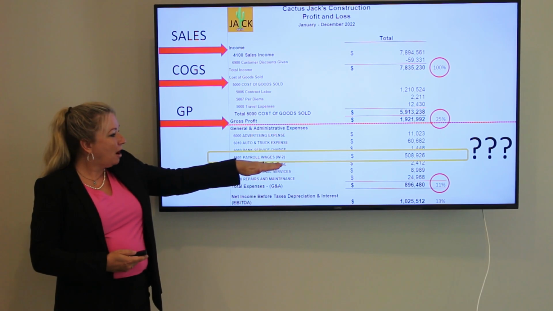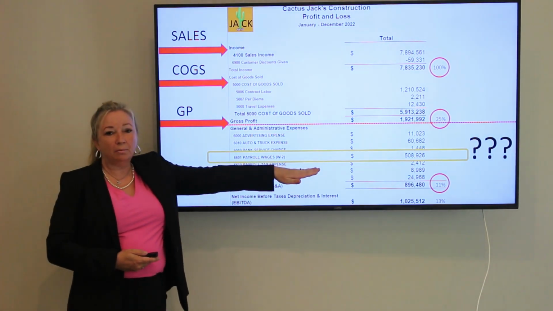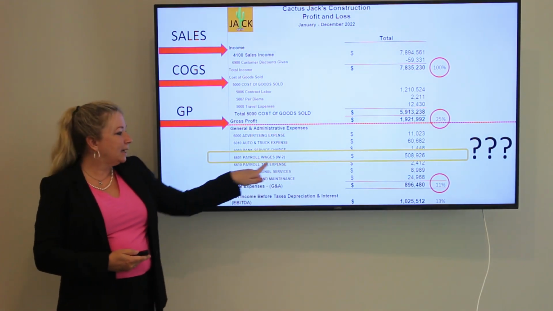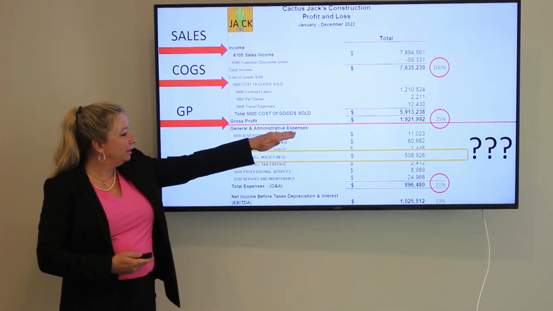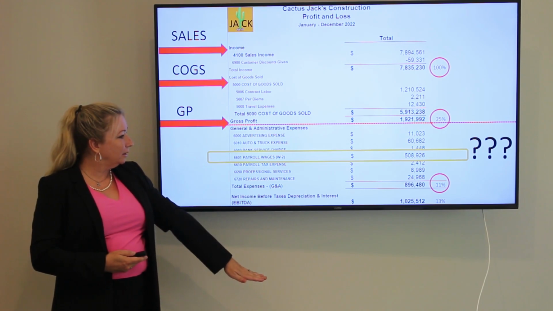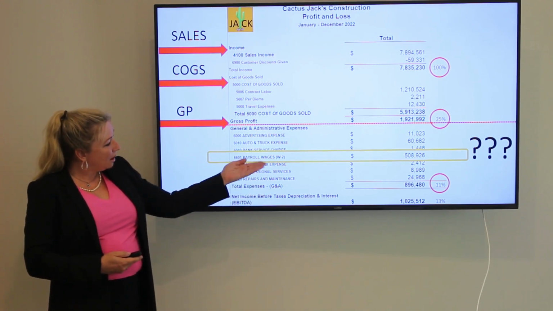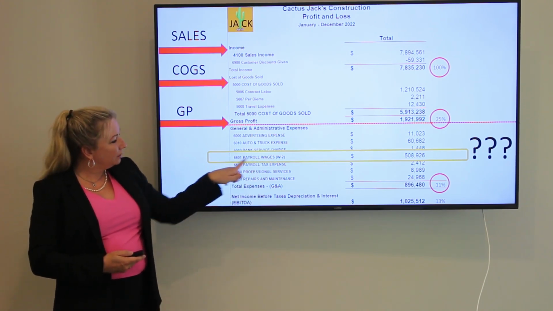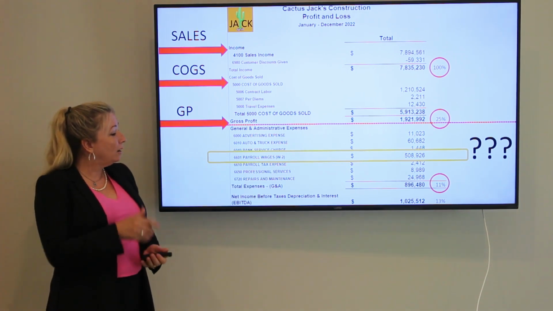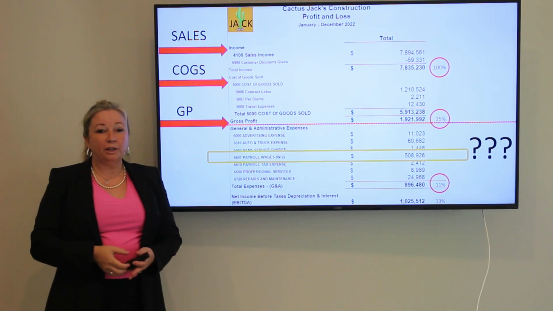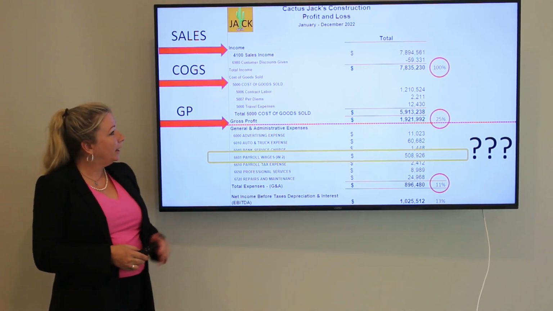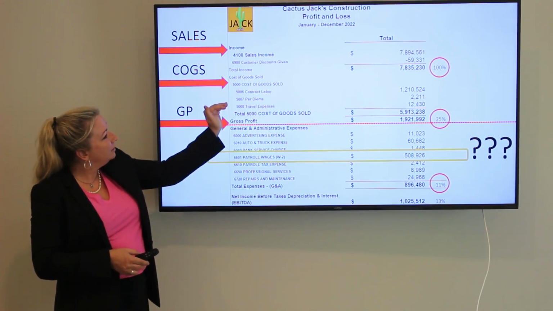Because if you have costs for a job buried inside your overhead, remember this is general and administrative costs below here, if you do have job costs buried into a line item that is largely overhead, you will be missing some information that you need to know as far as your cost of goods sold.